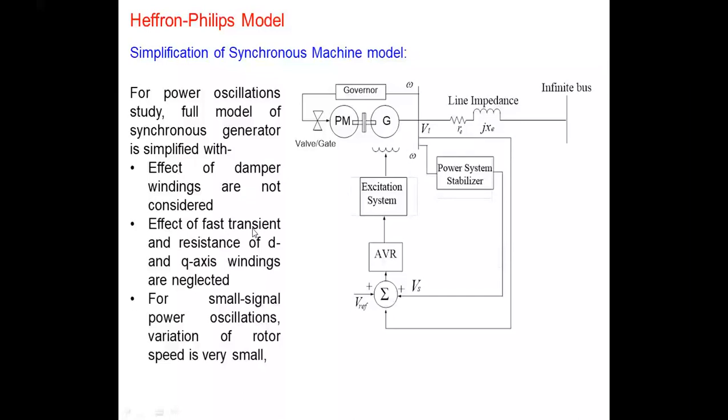The effect of fast transients and the resistance of the D and Q axis windings are also neglected, because we want to analyze low frequency oscillations, which are comparatively slower, and so we don't want to include the dynamics related to the transient effect.